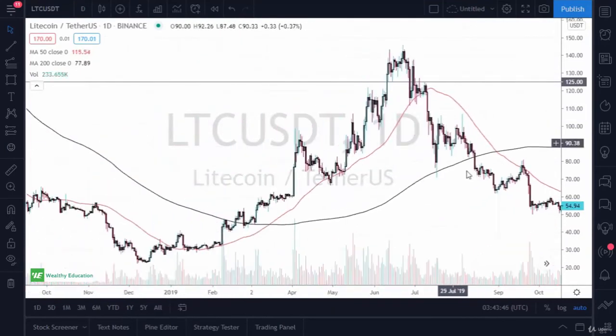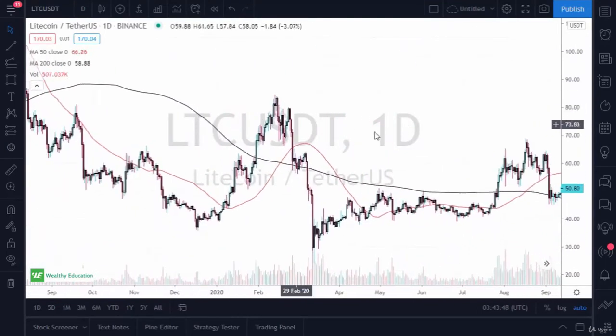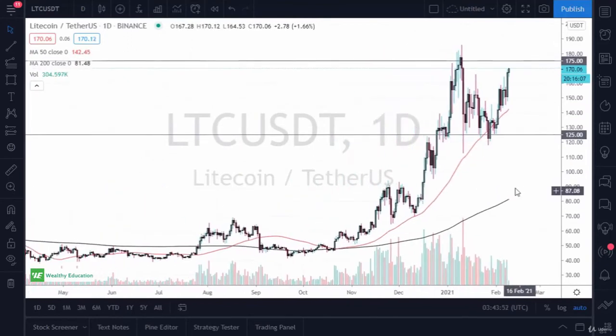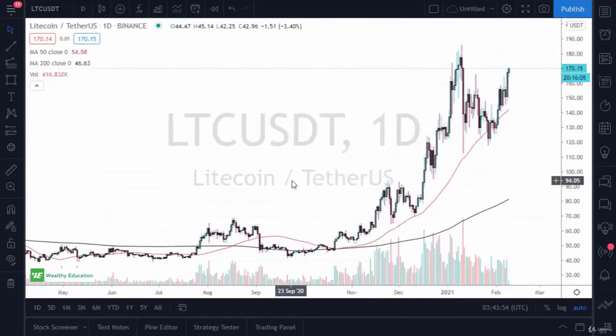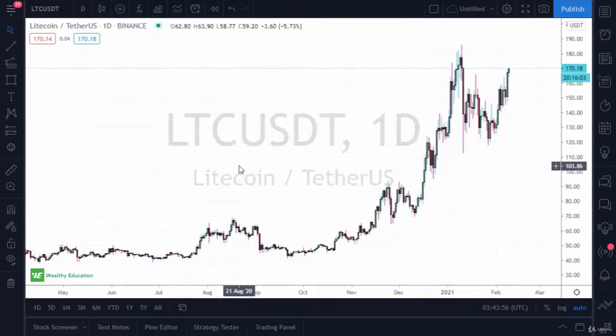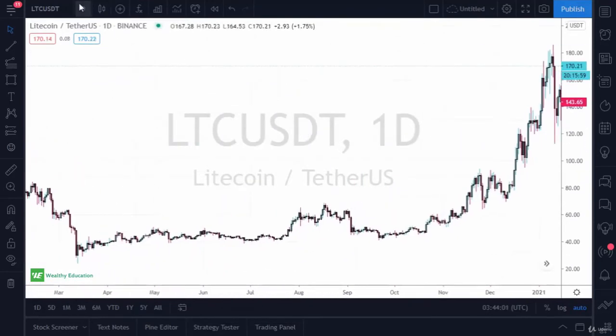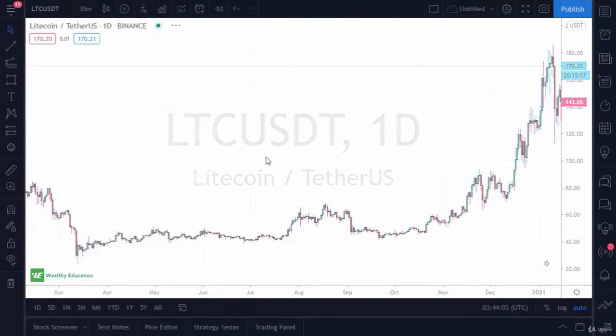Quite frankly, there are so many different signals on any chart that your job as a trader really should be to take a look at potential setups, and you just walk through them. Let's even go to the 30-minute chart.